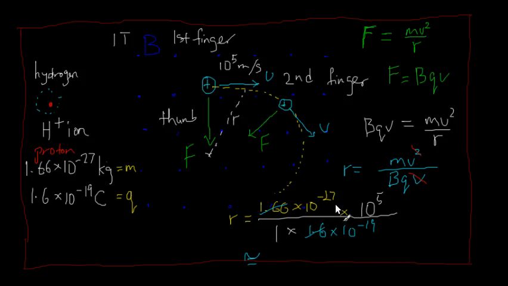It's just the powers of 10 we need to deal with. So we would get 10 to the minus 3 of a meter. And 10 to the power minus 3 of a meter is the same as 1 millimeter. So that's my answer. That's the radius of this circle when I have a proton going through this 1 Tesla magnetic field.